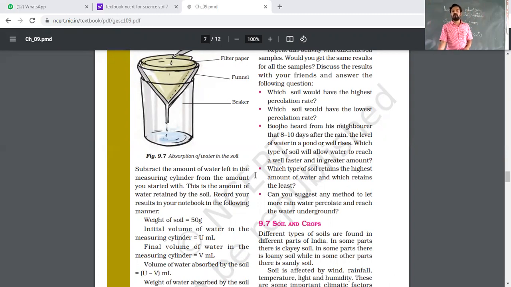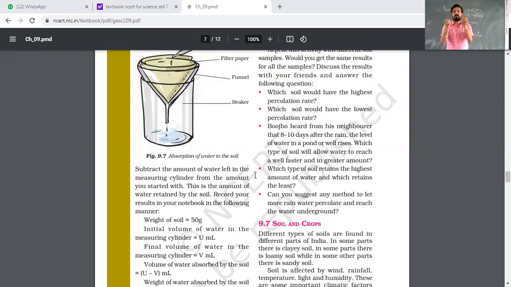Some part will be absorbed, and some part will go directly into the beaker. So try to give the water drop by drop, and this water will be absorbed slowly. Once it is absorbed slowly, then what is going to happen?